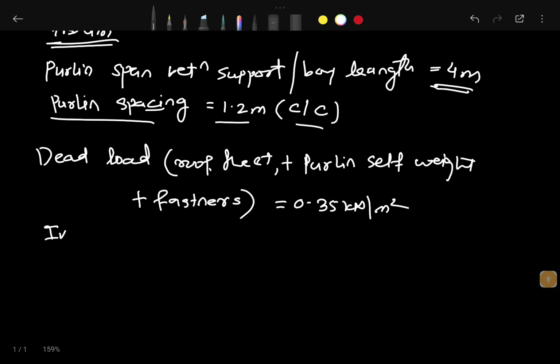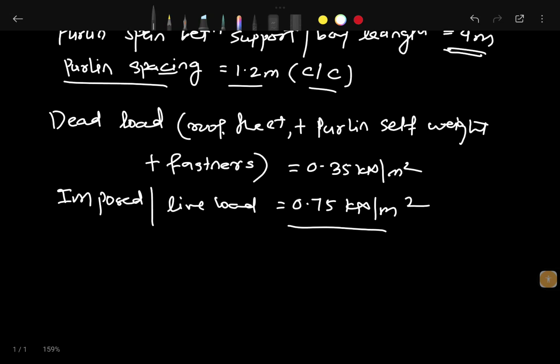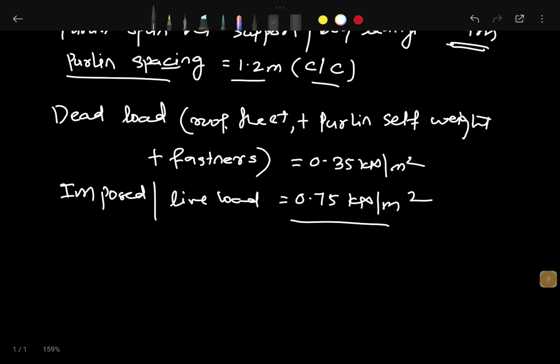Now the third point, imposed or live load, is equal to 0.75 kilonewton per meter square. This is according to IS 875 part 2.